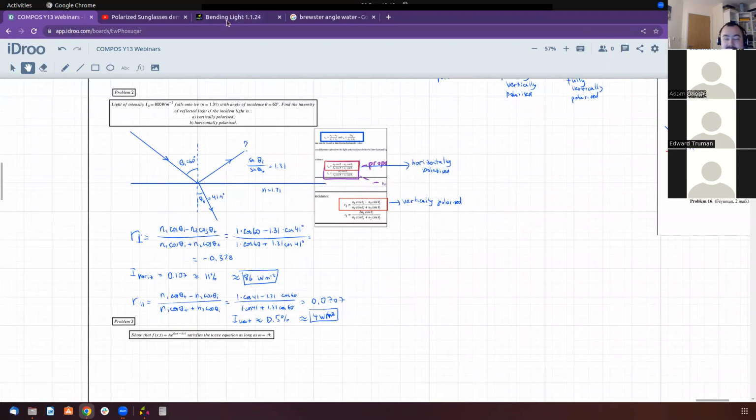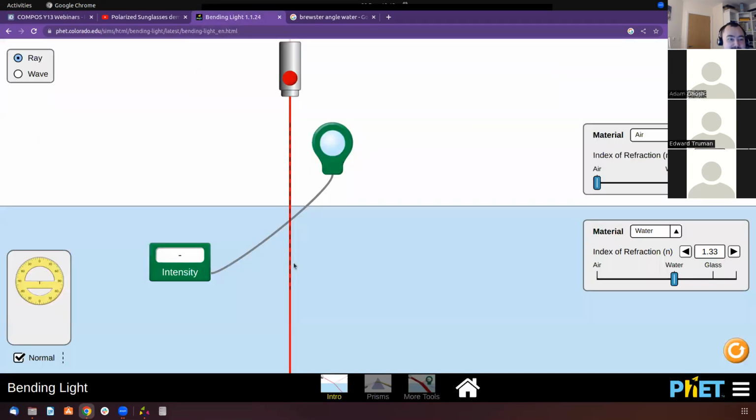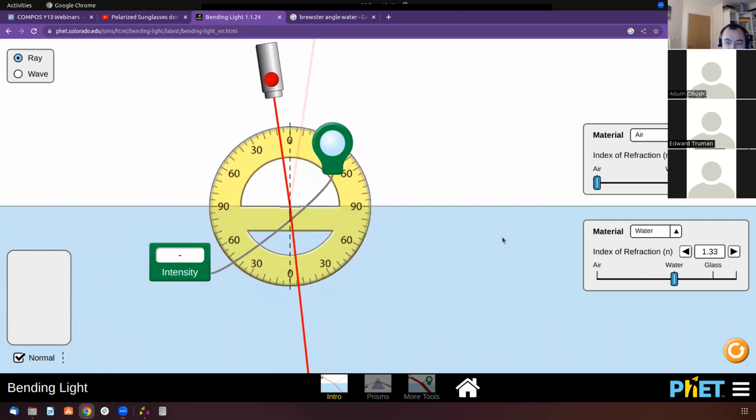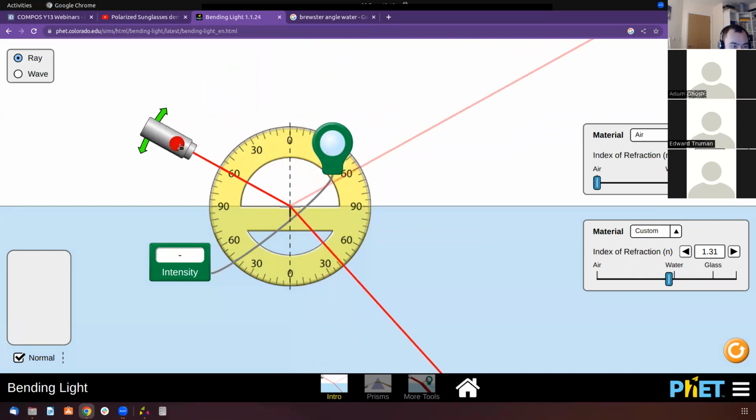Okay, let's see if this model gives us the same prediction. So we have light. We'll take 1.33, 1.31, angle of incidence 60. Well, let's first of all measure the angle. It's 41 indeed, so that makes sense.